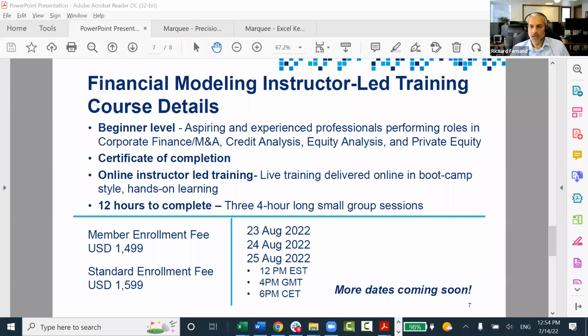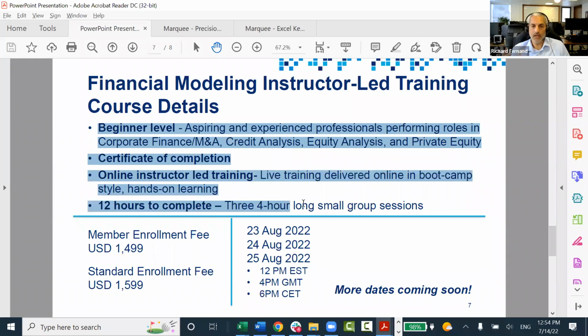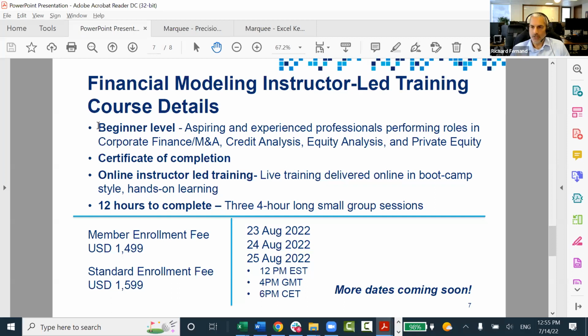I think it is important. If someone's taken, let's say, CFA level 1, so they understand the financial reporting and analysis pieces from CFA level 1, what would you expect them to be able to achieve at the end of this course? Well, financial modeling is a discipline that requires knowledge and skill. I am going to be teaching all the knowledge people need, and then to attain the skill, people need practice time.